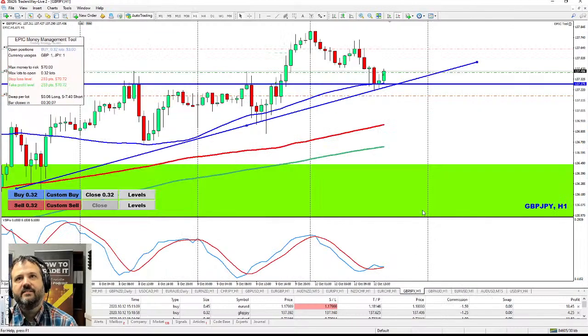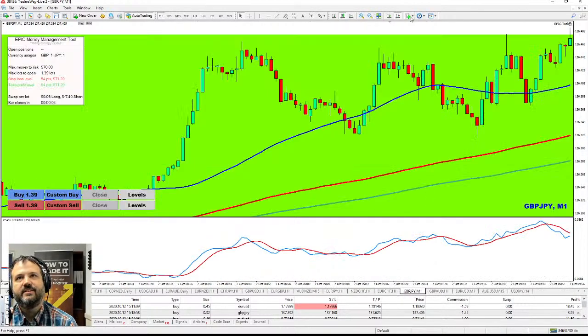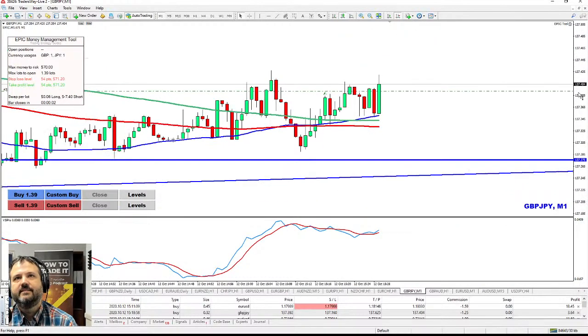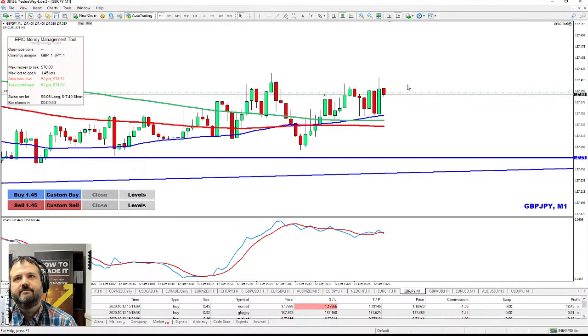Pound yen. Let's see what this one's looking like. Oh, I'm getting some more info too.